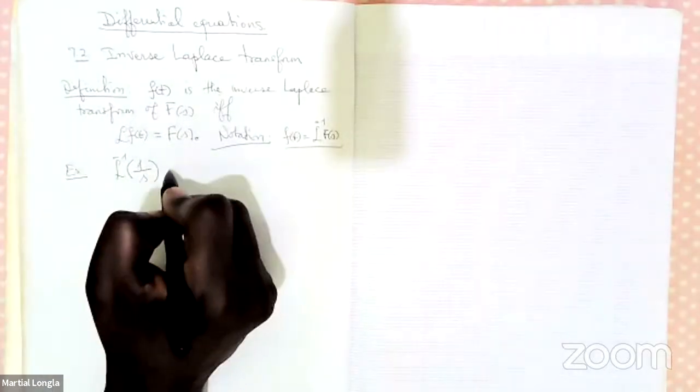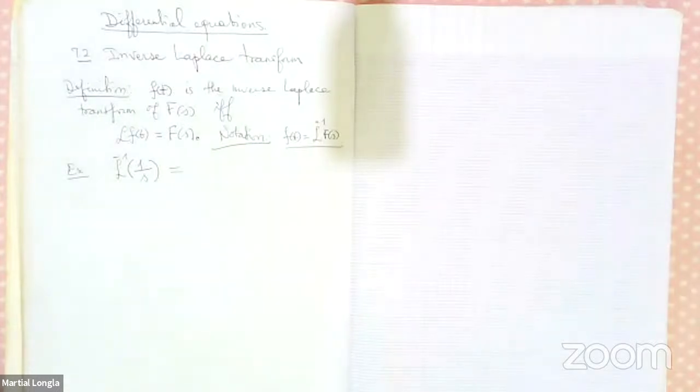Example, let's say, what is the inverse Laplace transform of 1 over s? From last time, what is the function that we define as having Laplace transform equal to 1 over s?